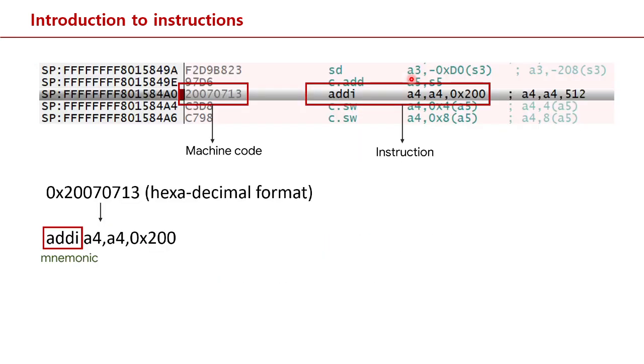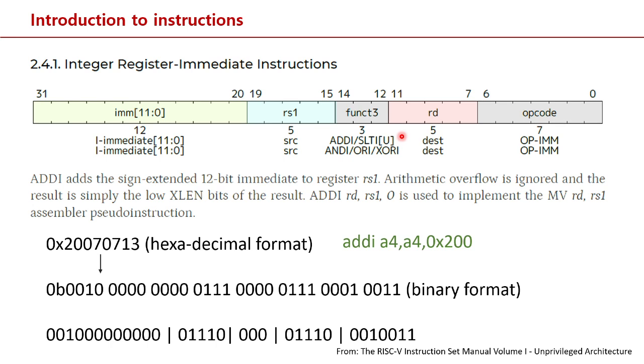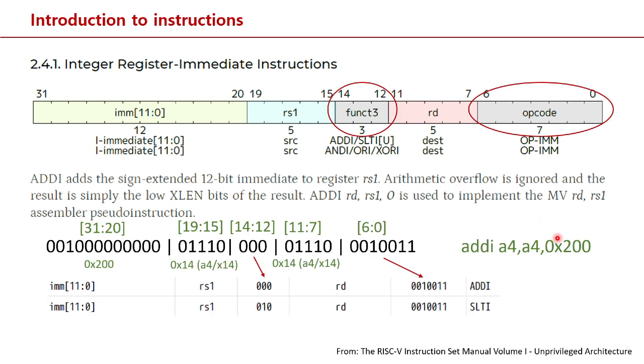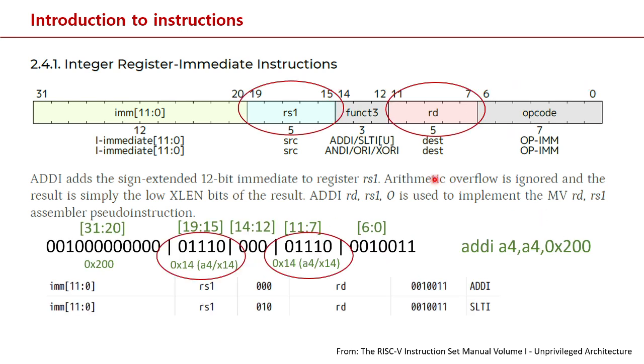Now we know how the machine code can be mapped onto an assembly instruction. We know how to interpret the machine code into human readable format, just like this. In this lecture, you learned how to interpret machine code into a human readable instruction, from the binary value to the assembly instruction.